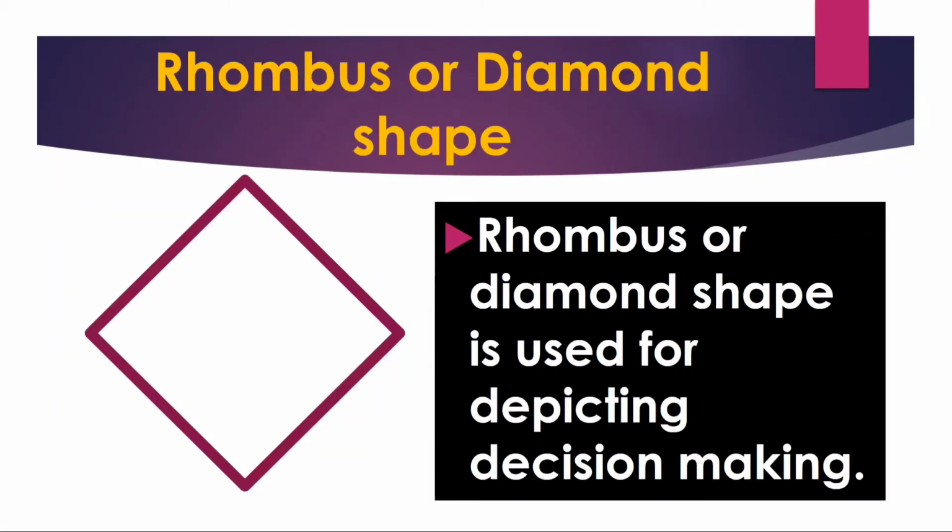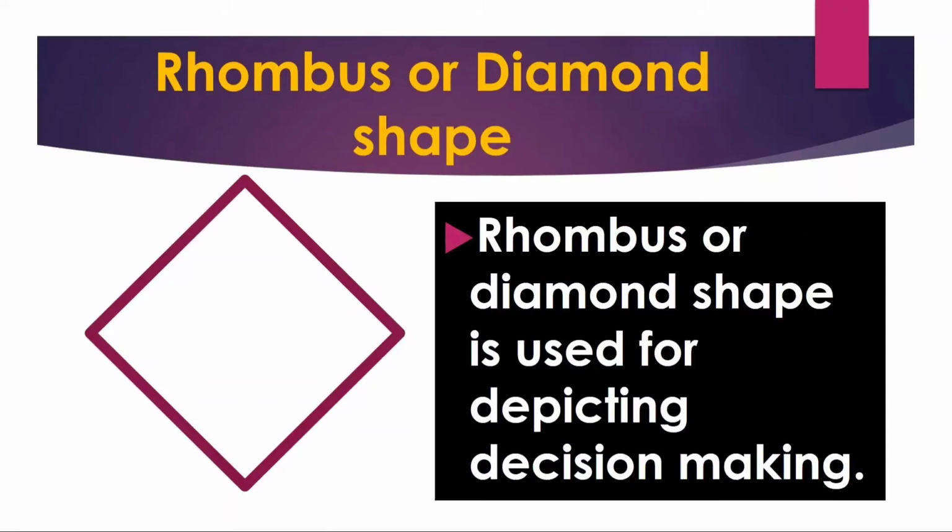Now the next is the rhombus or diamond shape. If we observe this diamond shape, we will see there are 4 corners. These corners are used to attach the arrow shape. Remember the arrow shape? Okay. So if we want to show the direction, we will attach that arrow shape here.